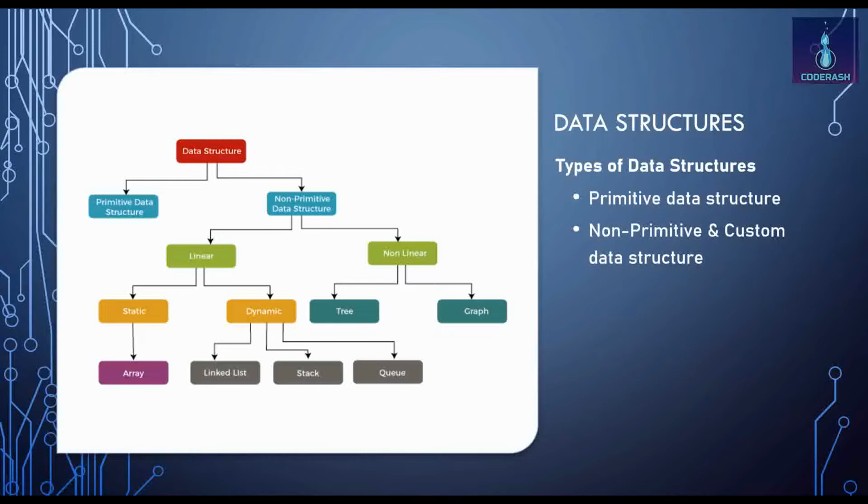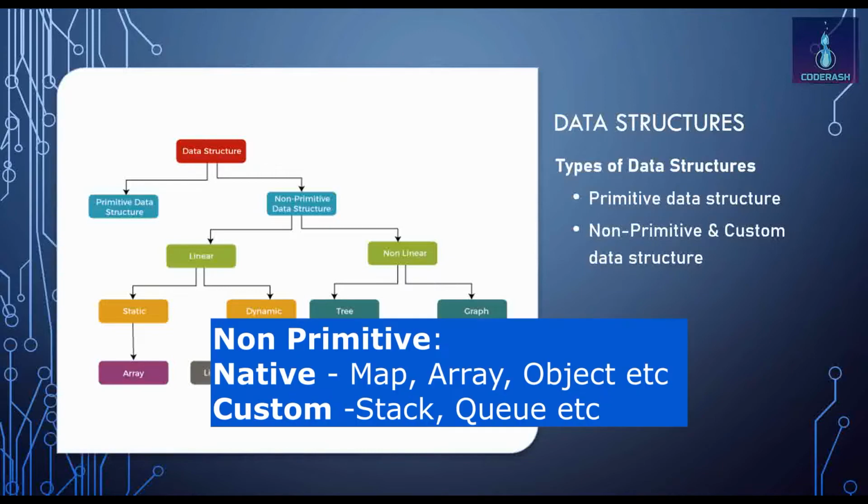Non-primitive data structures are those which may hold more than one value and which are built on top of primitive data types or the primitive data structures. Now among non-primitive data structures, some are available out of the box in the programming language, like in JavaScript we have maps, sets, arrays and objects, and some can be purely custom data structures like stacks, queues, graphs and trees.